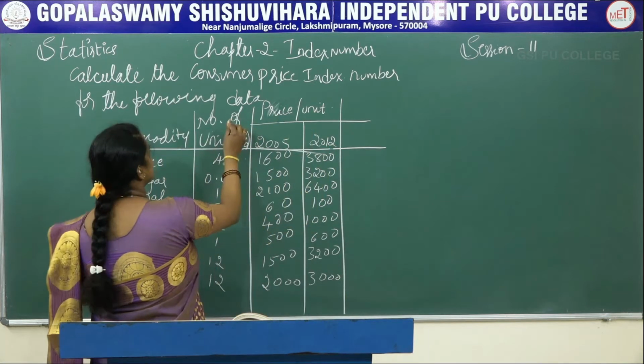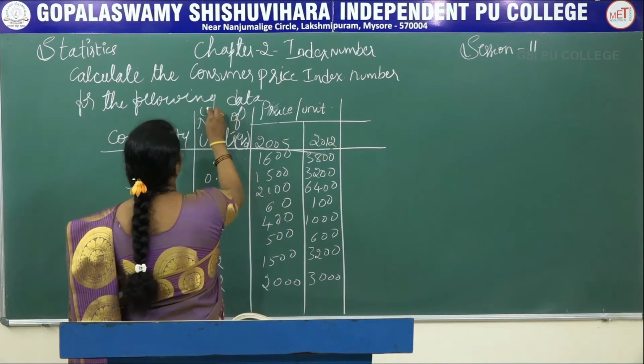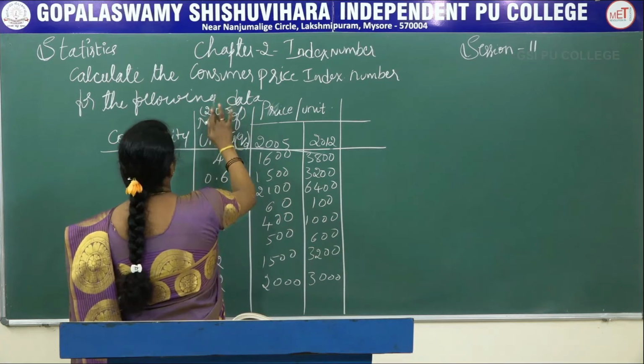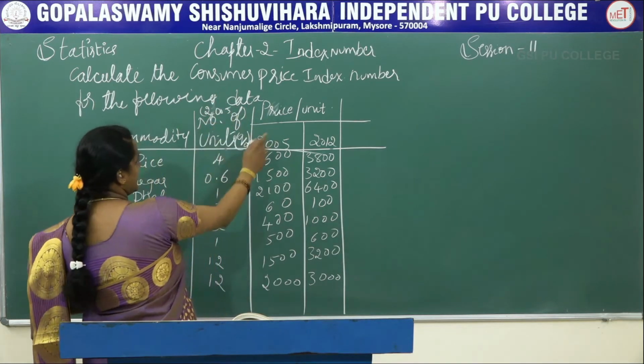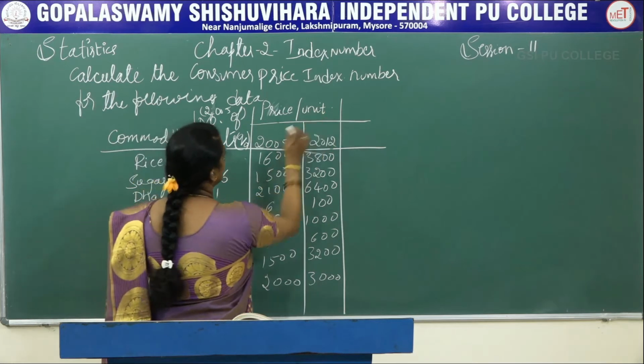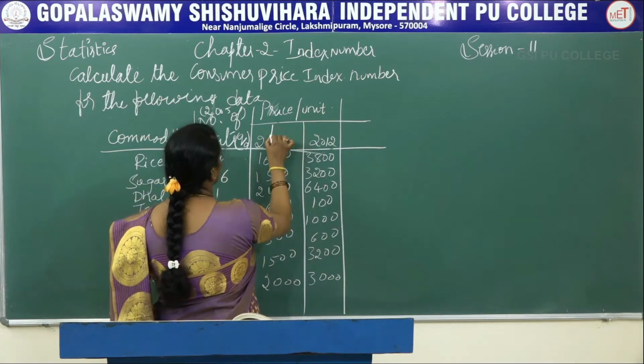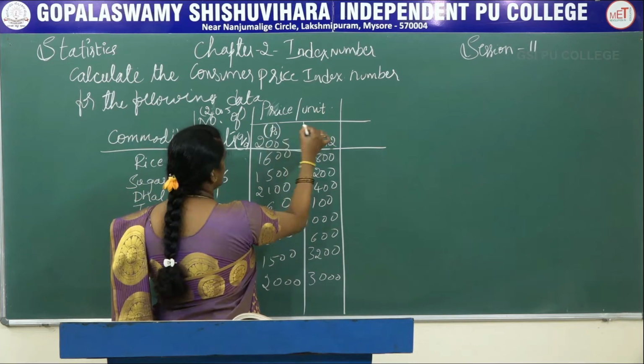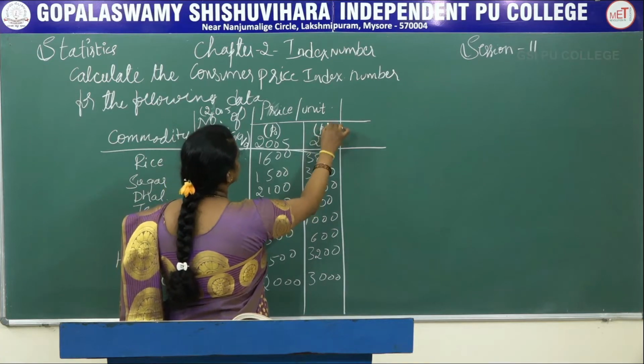The number of units is for 2005 only, that's why it is Q naught, and your price per unit for 2005 we will take as the base year, that is P naught, and for the current year it is P1.